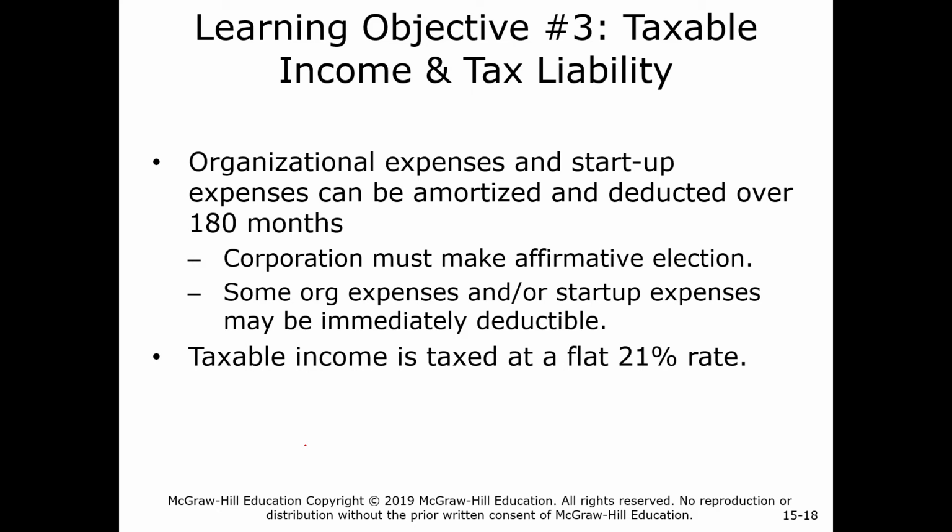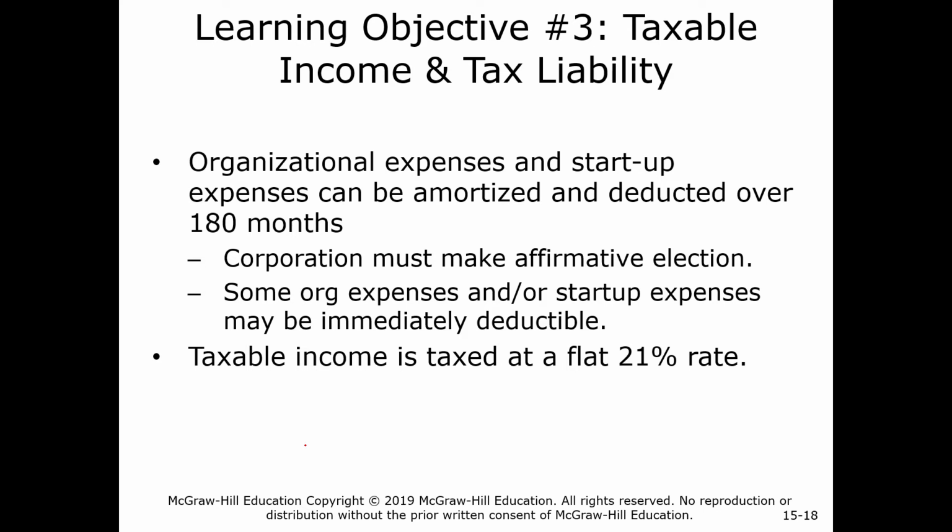Other items that pertain to corporations are organizational expenses and startup expenses. Organizational expenses could be legal costs associated with the formation of the corporation, their articles of incorporation, their bylaws, etc. Startup expenses would be anything related to pre-opening costs, maybe training for our staff and things like that.